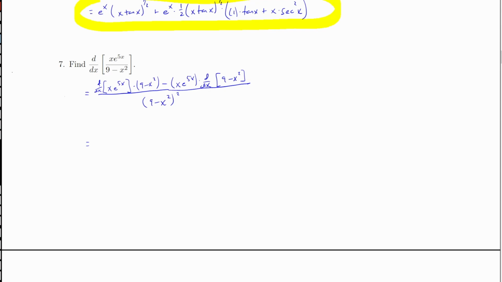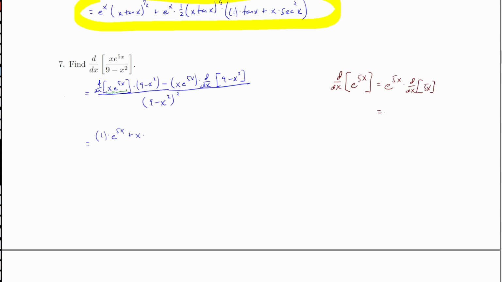The derivative of x e to the 5x, I have two multiplied pieces, so this is going to be a product rule. So we have the derivative of x, which is 1, times e to the 5x, plus x left alone, times the derivative of e to the 5x. Okay. The derivative of e to the 5x, that's a chain rule. Outside function is e to stuff, so I'm going to get e to that same stuff times the derivative of the inside stuff.